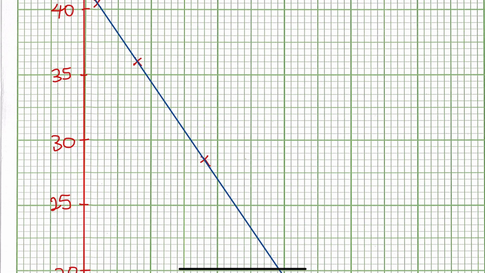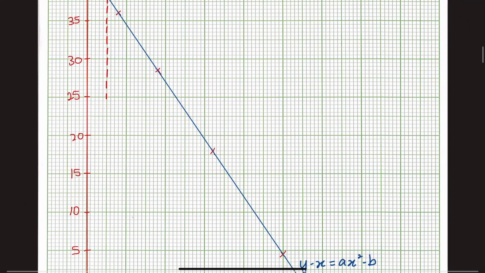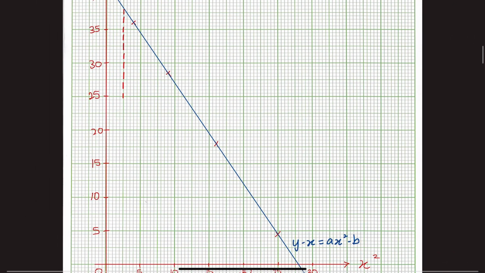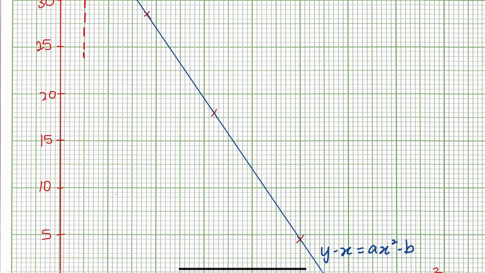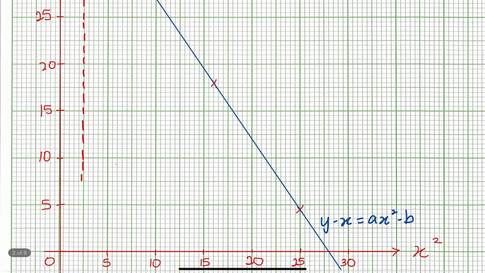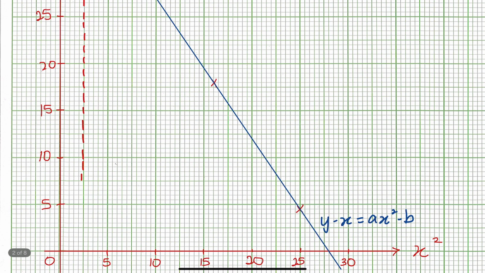I'll take this point here, then I'll choose this point here, then I'll use a dotted line so that I can check what the values are. Okay, take note, you should draw your gradient triangle very clearly. So choose 2 points along your best fit line, then you can calculate the gradient much more easily from here.